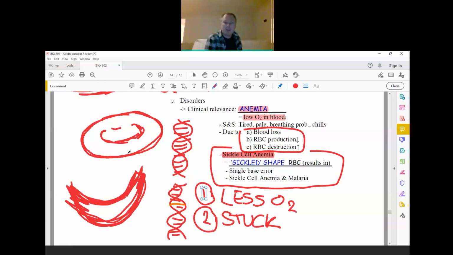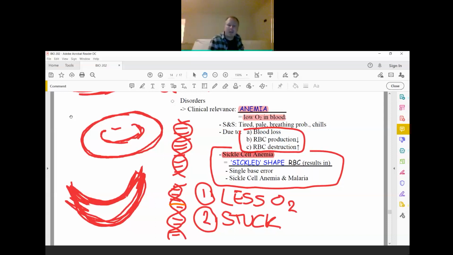So you might think that this really sucks for an individual who has sickle cell anemia. That is true. They get less oxygen. If they are not super athletes or don't push themselves too hard, they still will be fine. But it's a little downer.